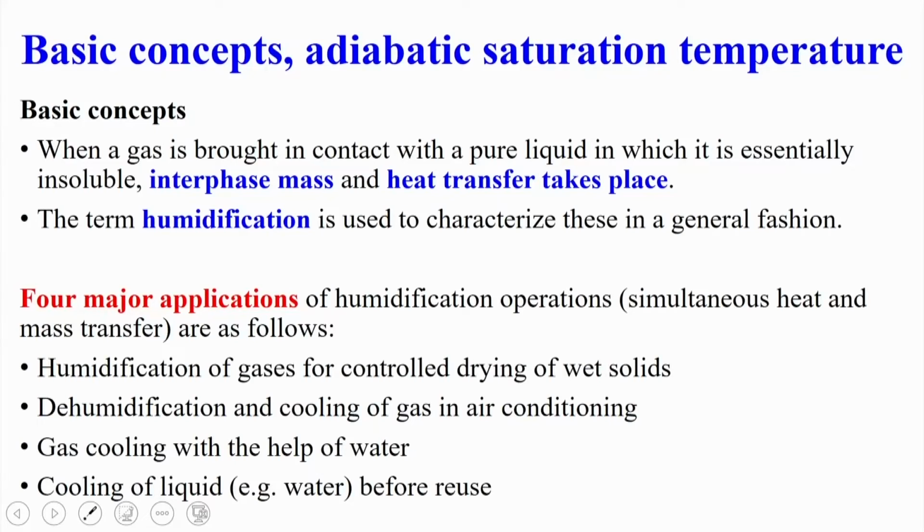The first is humidification of gases for the controlled drying of wet solids. Mostly it is used for the drying of food grade products. Then dehumidification and cooling of the gas in the air conditioning machine, and the third one is gas cooling with the help of water, and the fourth one is cooling of liquid before reuse with the help of the cooling tower.